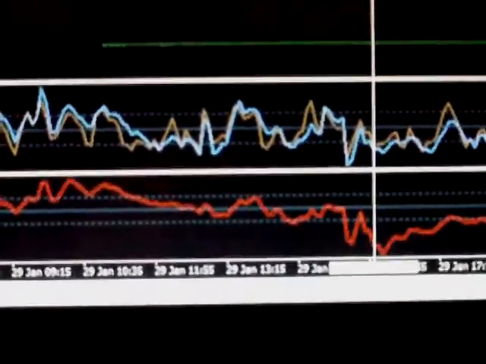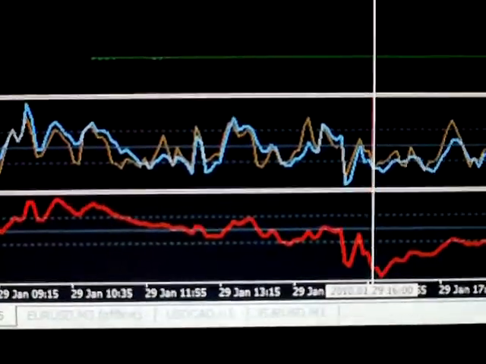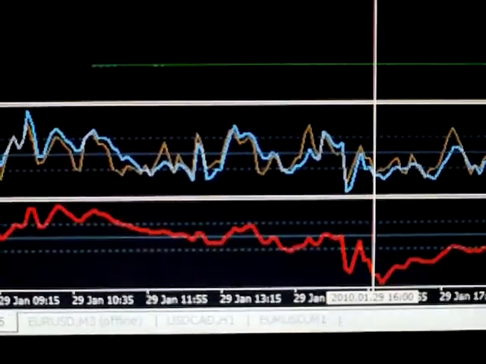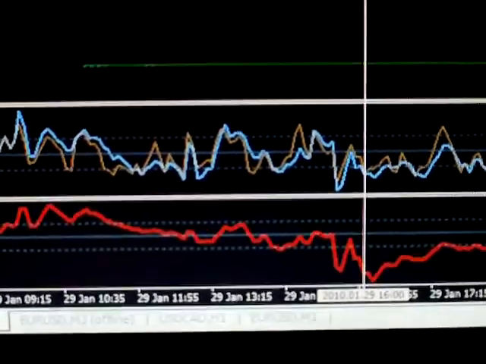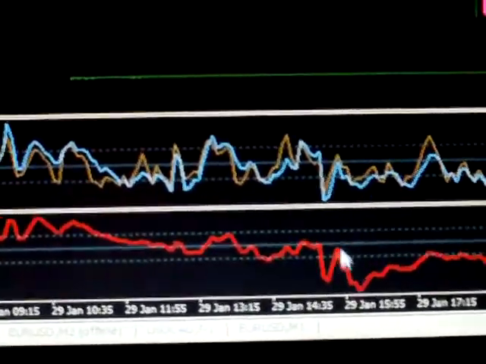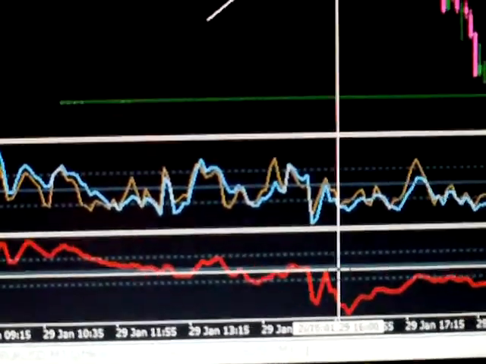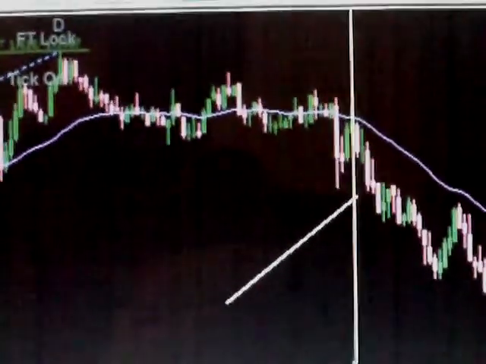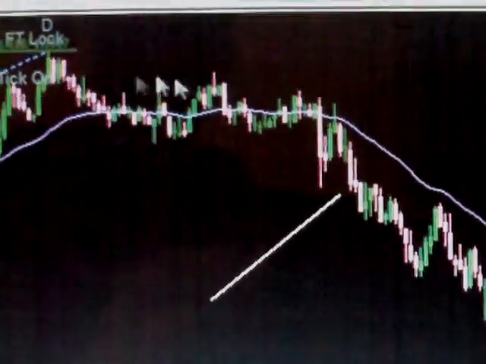So let's see, what do we have here? We have a 50-34Z happening. 50 CCI comes to reject the 0 line, and see, it really wasn't smooth.